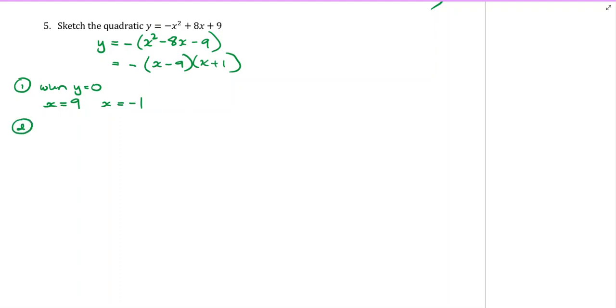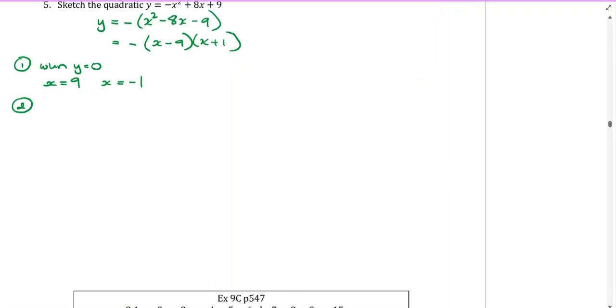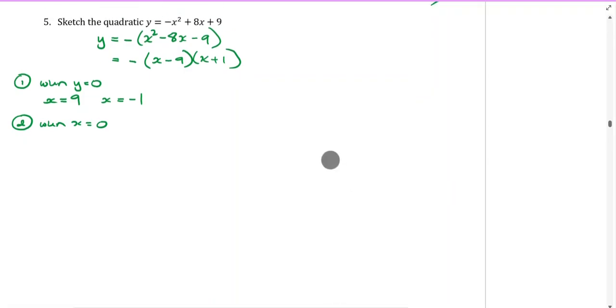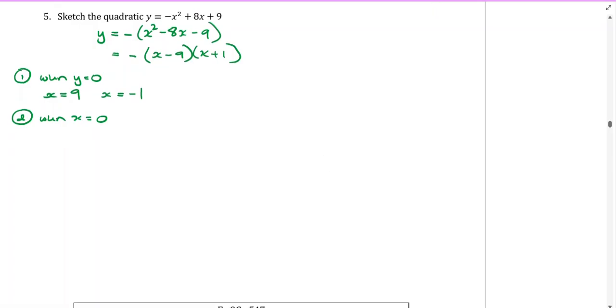Part 2, we want to find our y-intercept, which is when x equals 0. In the original equation, the number on the end is the 9. That's my y-intercept. Step number 3, the x-coordinate of my turning point. I'm going to add together my values, so I'll have 9 plus minus 1 over 2.